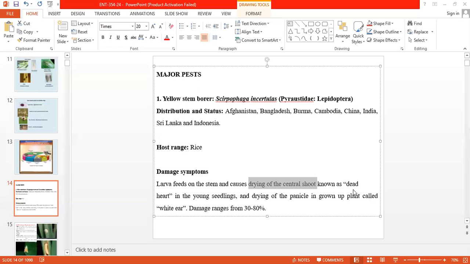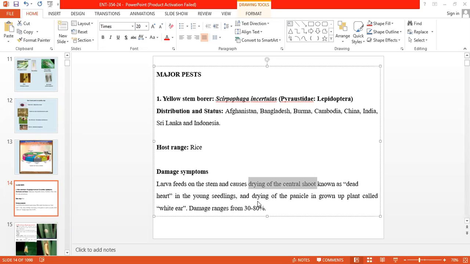Dead heart symptoms are mainly found due to the infestation of the larva, particularly on the stem. Initially the larva bores the stem and feeds on the inner content of the infested stem, and due to that the drying of the central shoots is called a dead heart in the young seedling stage.